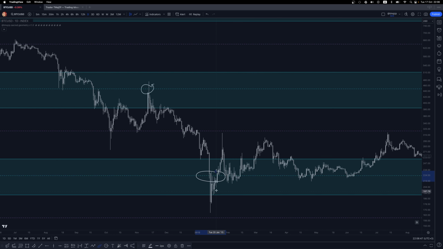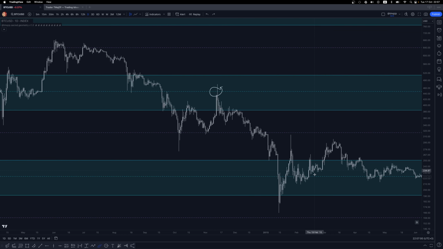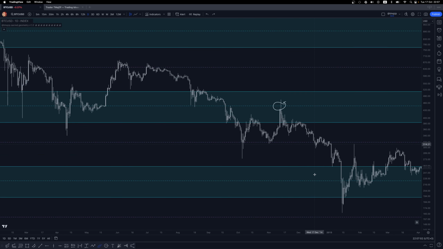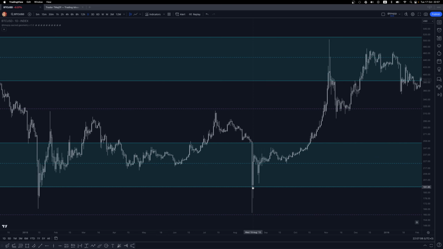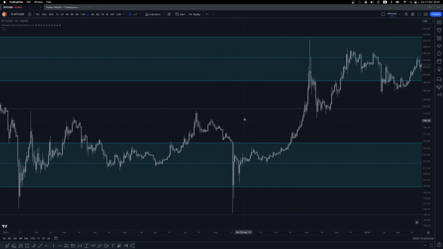Yes, it spikes through, and yes, it's very volatile. But overall, in this entire period, you can see that now it starts respecting this band. The spike also comes down to there.